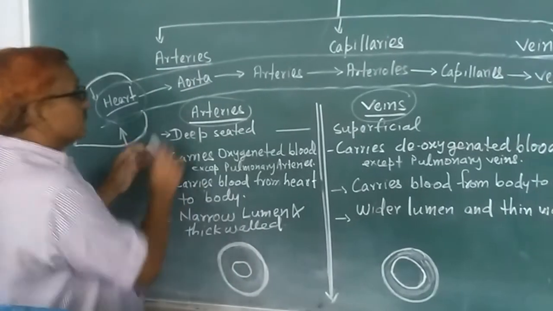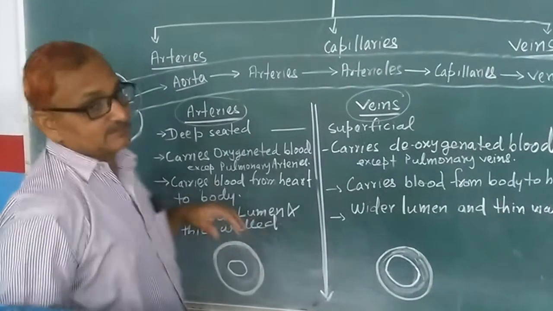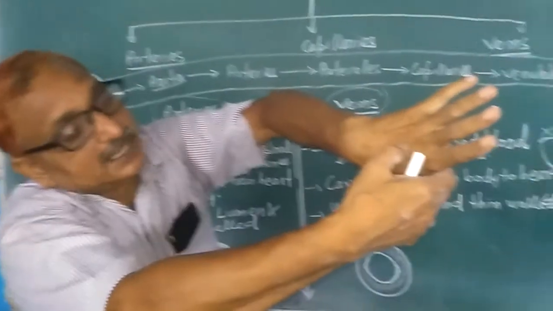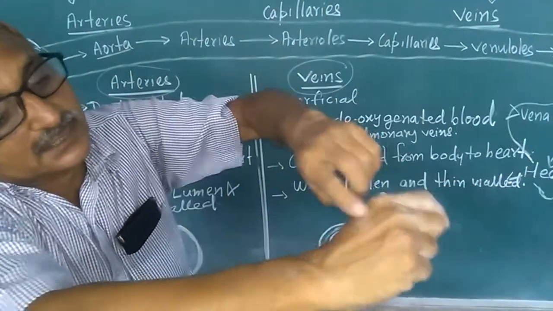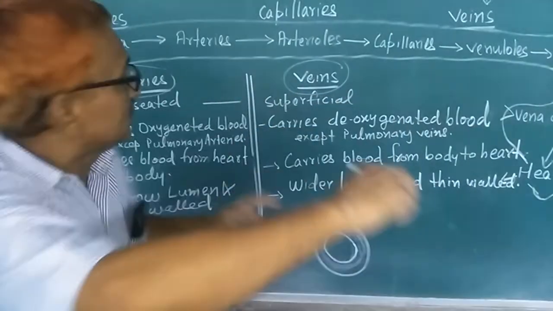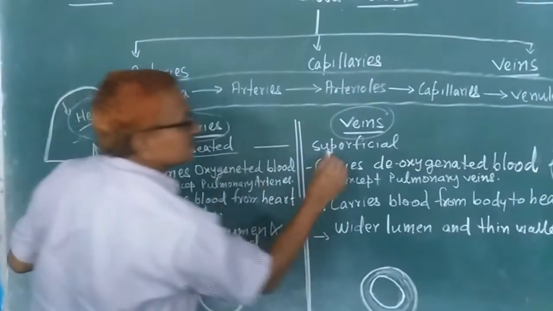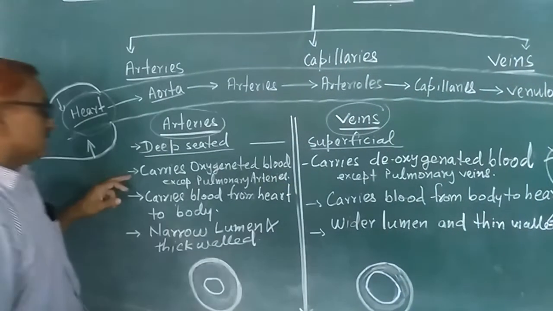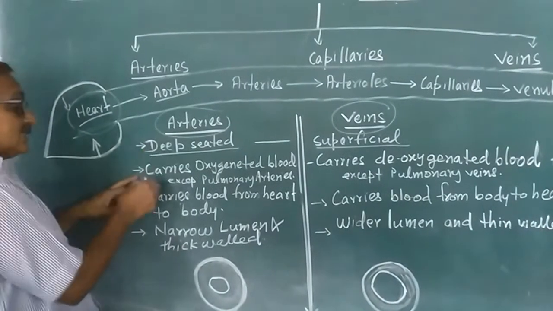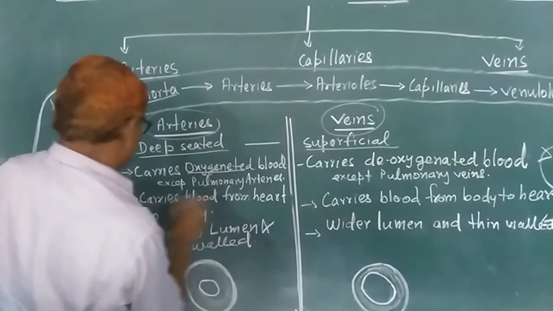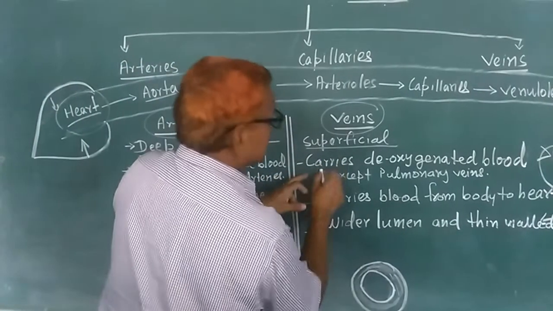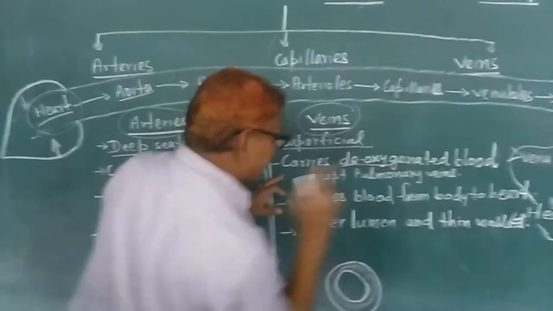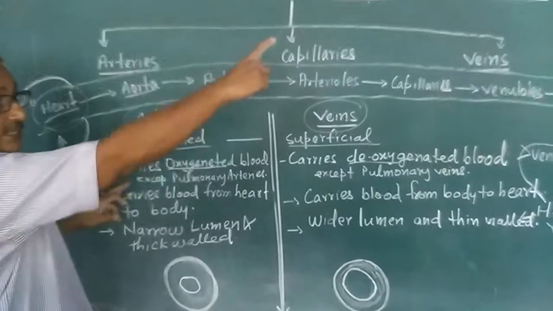First of all, the artery is deep seated. When you see my hand, here is the artery, it is deep seated, and these are the veins, which you can see are superficial. So the artery is deep seated, and the vein is superficial. Arteries carry oxygenated blood and veins carry deoxygenated blood, except the pulmonary artery related to the lungs.